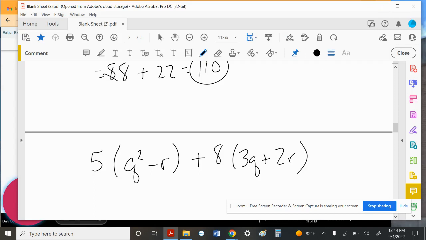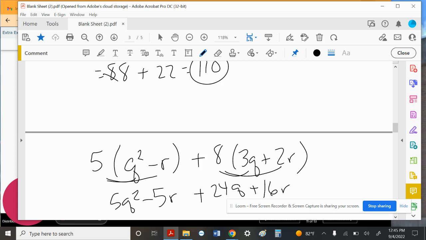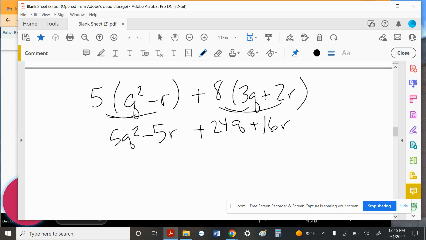So now what we want to do is multiply through, so we're going to distribute. So we have the 5q squared minus 5r, plus we're going to distribute that through: 8 times 3 is 24q plus 16r. And then we're going to combine like terms. Notice the only two like terms I have are those two. So I'm going to keep the 5q squared.